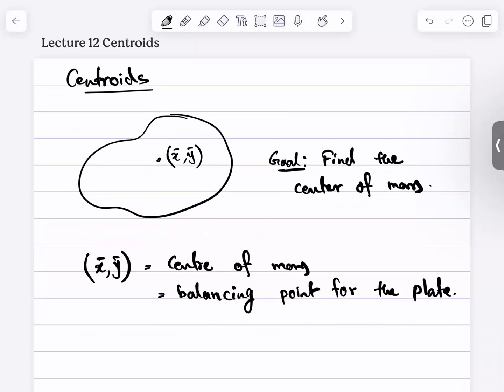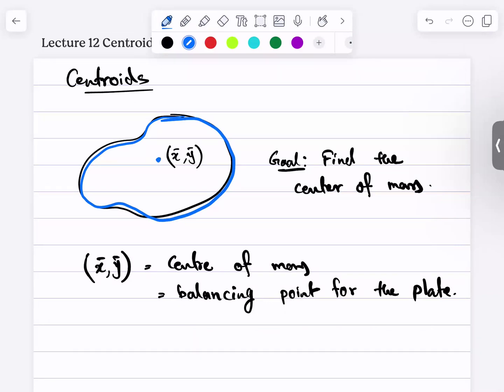Say I have a plane sheet like this of a certain mass. The question is, what is the point where the mass is kind of acting? In other words, what's the balancing point for the plate?